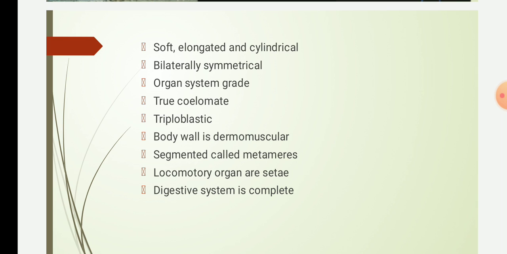Each segment is a single functional unit. The body coelom is a schizocoelous type, formed by the splitting of the mesoderm.